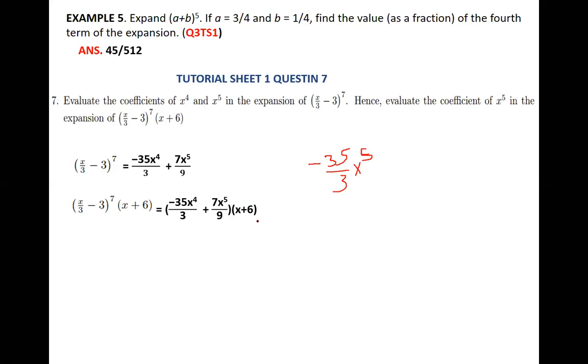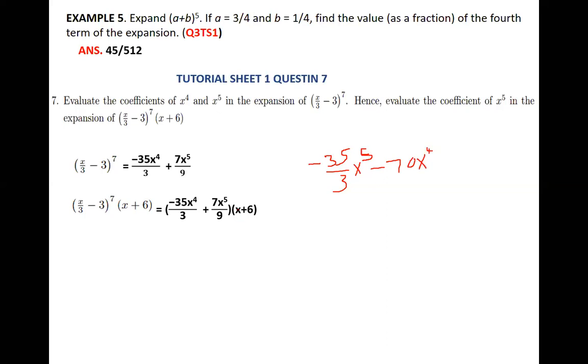And then when you multiply 6 times negative 35 over 3, you get negative 70 x to the power 4.